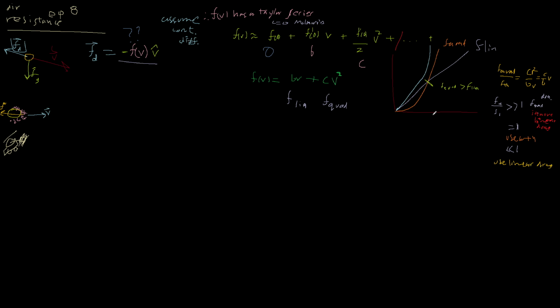So b and c are still unknown constants, and there are a few ways we can get these. They can be determined experimentally, maybe by running some experiments.